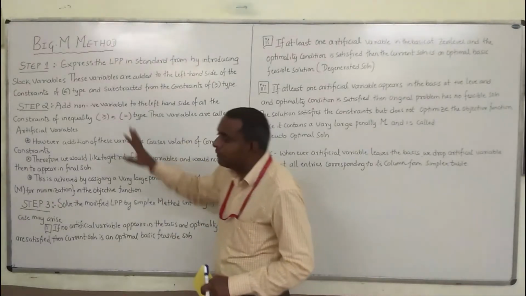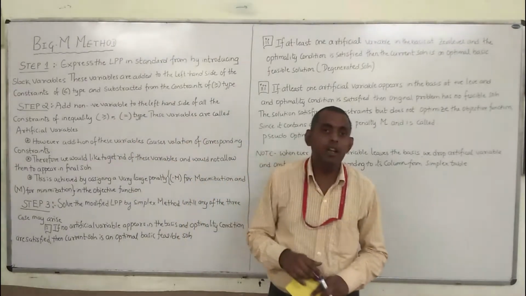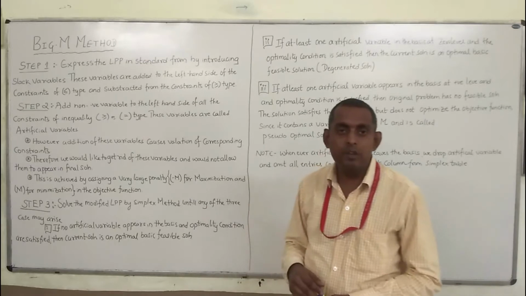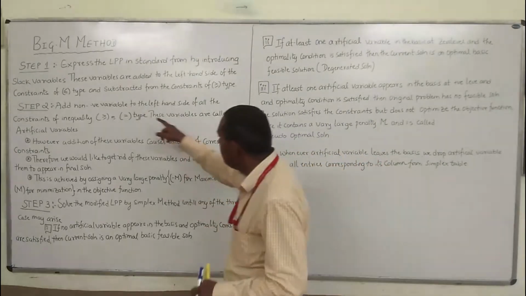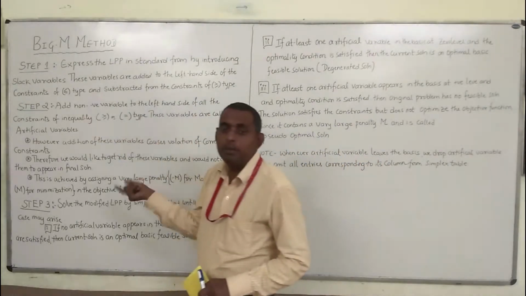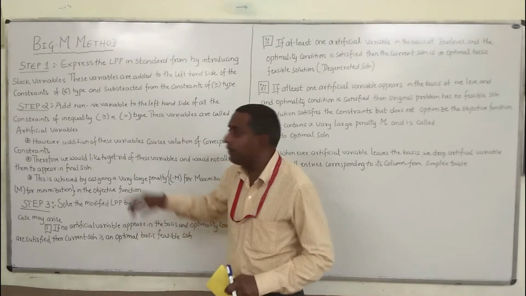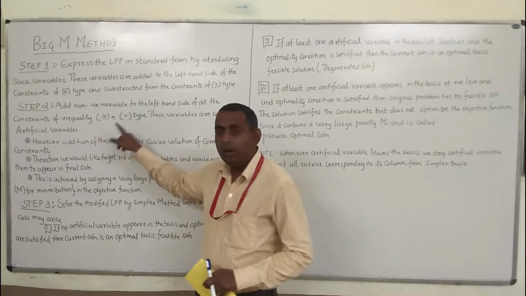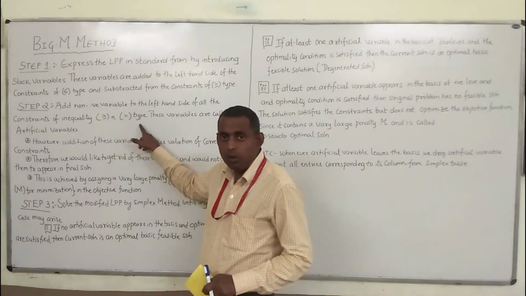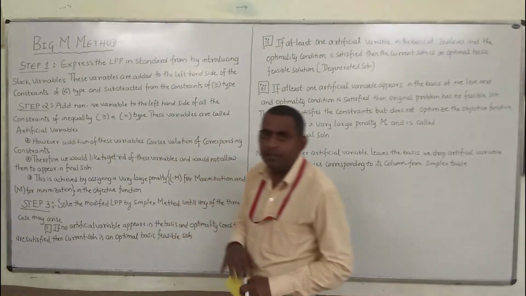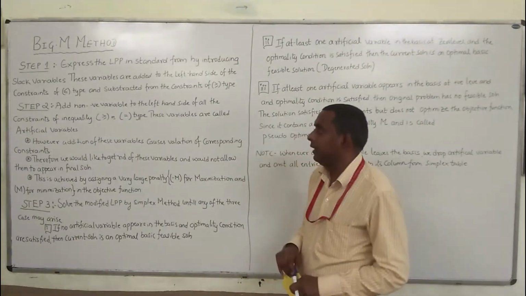These variables are called artificial variables. So what are artificial variables? If a non-negative variable is added for the constraints of type greater than or equal to or equal to, these variables are called artificial variables.